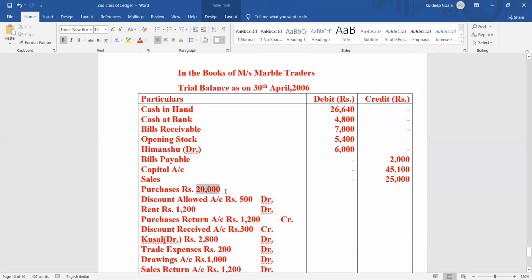Purchase account is coming in the debit side, right? So just place it in the debit side, the amount, nothing else to do. Okay, just everything same. Then again, discount allowed, it is also debit side, so just place in the debit side. Then rent is also going to be in the debit side, so just place in the debit side.